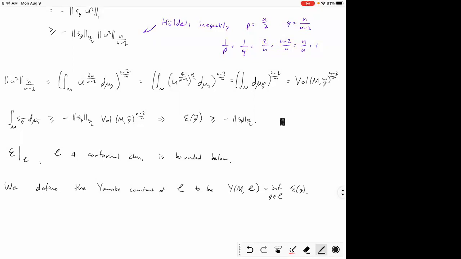So we showed above, if you restrict the functional we defined to a conformal class, it's bounded below. So in particular, this infimum exists. Note, these things are just real numbers. So we're just taking an infimum of a subset of the real numbers, a subset which is bounded below. So the infimum exists.